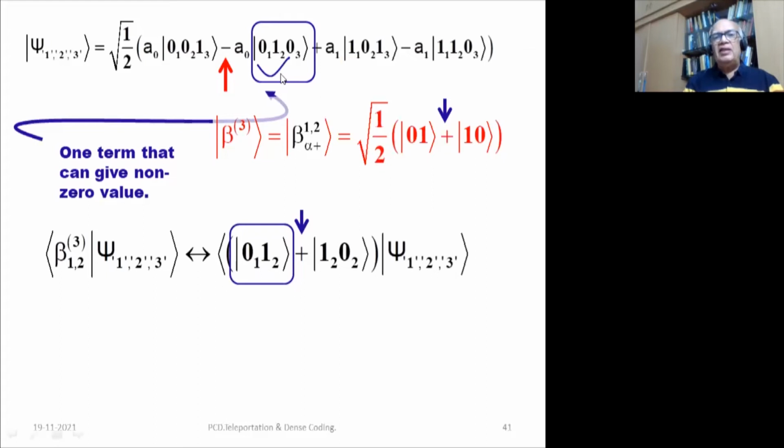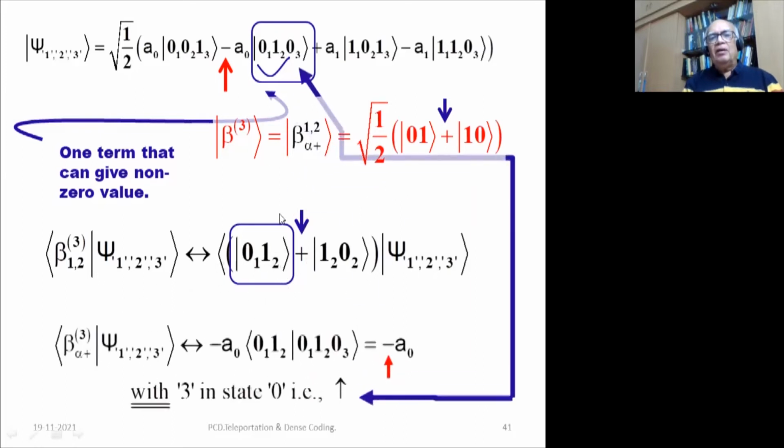The first term is this, and you have to keep track of the sign because there is a minus sign here. So this term, because of this minus A0 over here, will give you A0 along with a minus sign here.